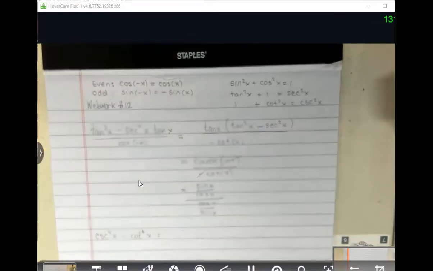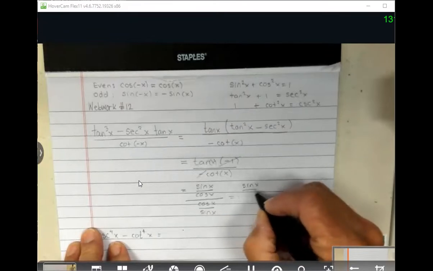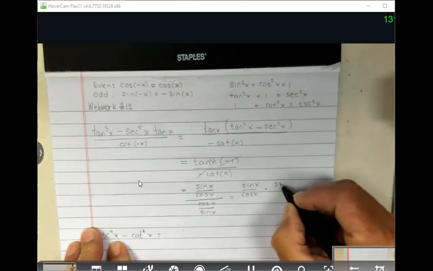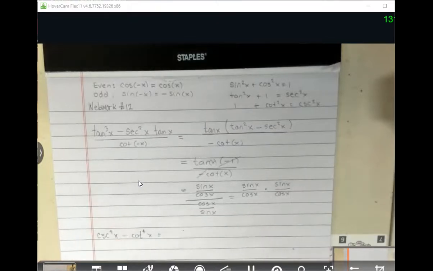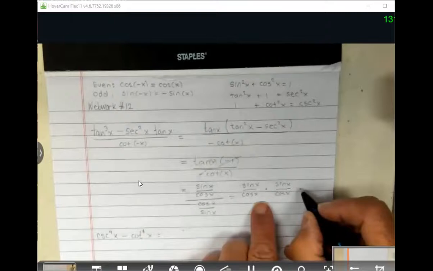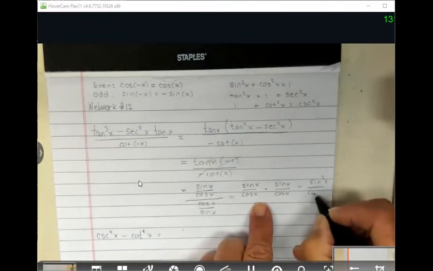And to divide one fraction by another, one just takes the fraction in the denominator, flips it over, and multiplies. So now the sine of x is on top, and the cosine of x is on the bottom. And so when I multiply straight across, I get the sine squared of x. And on the bottom, I get cosine squared of x.